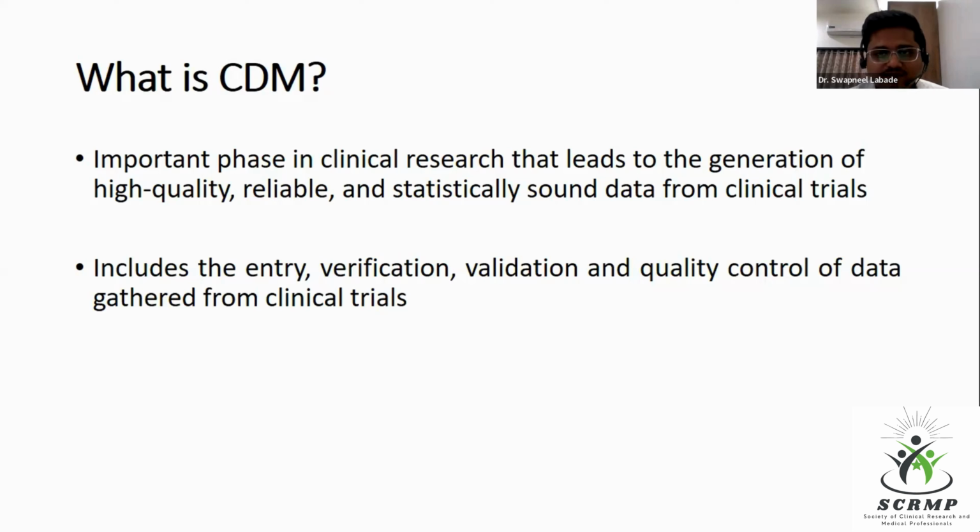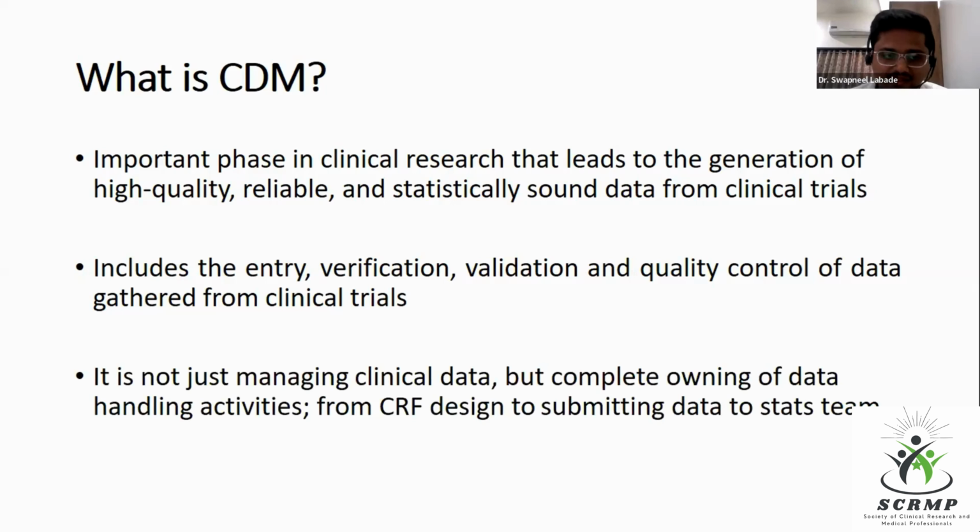The participant can start their participation in the trial. All the data they collect for that subject during their hospital visit is entered into the clinical database, and then it comes to clinical data management. We'll discuss that in more detail in the next slides.